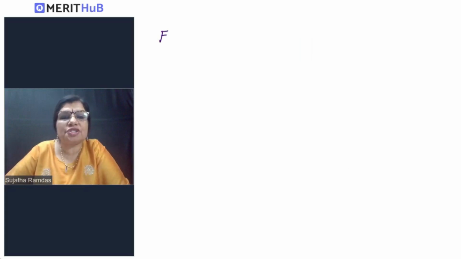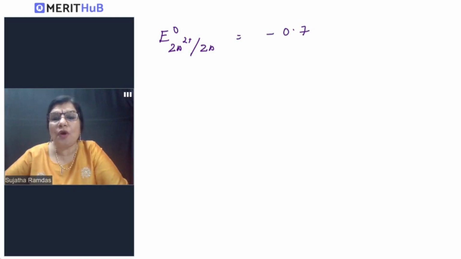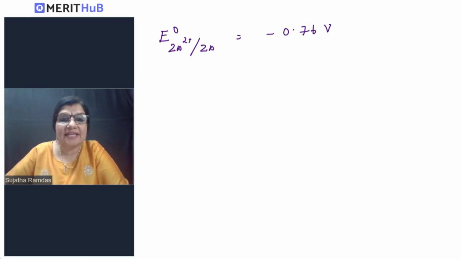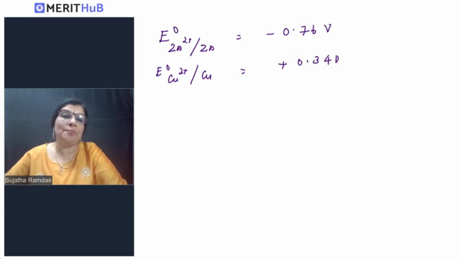What is the reduction potential of the zinc half cell, the zinc ion? The standard reduction potential of the zinc ion is minus 0.76 volt. The standard reduction potential of the copper ion is plus 0.34 volt. Which has a higher reduction potential under standard conditions?